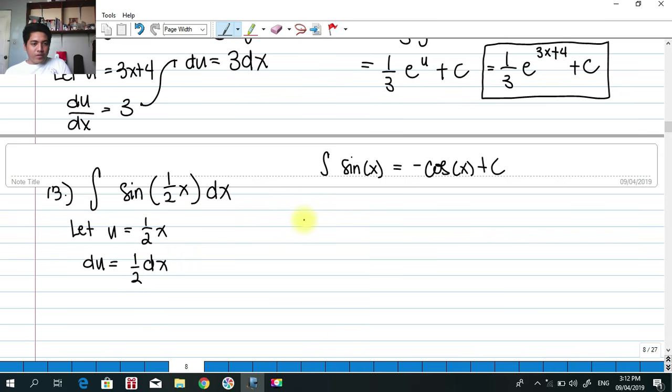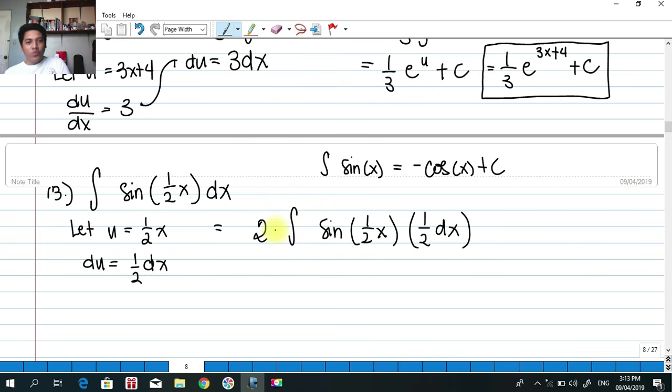So we rewrite the integral as the integral of sine 1/2 x. Our du should be 1/2 dx, so we have to write 1/2 dx here. We added 1/2, but we have to compensate by the reciprocal of what we added, which is 2.